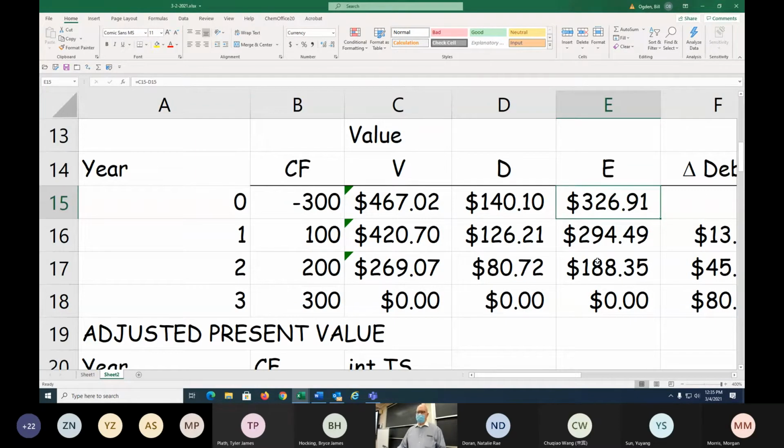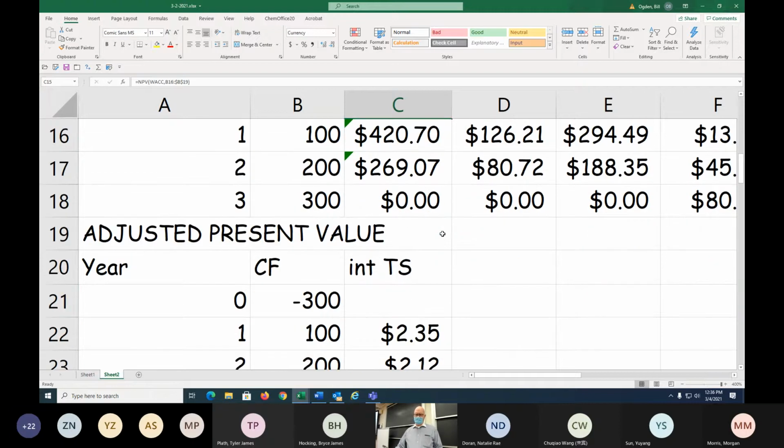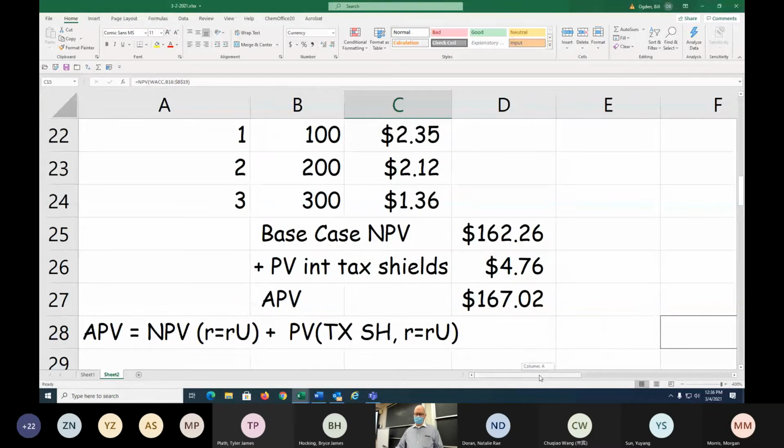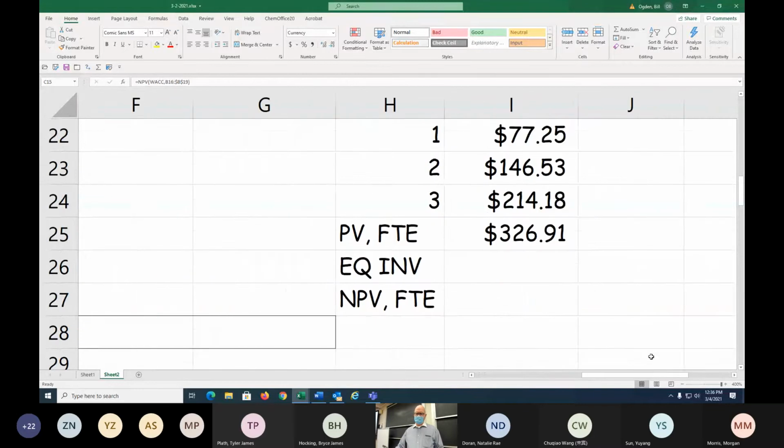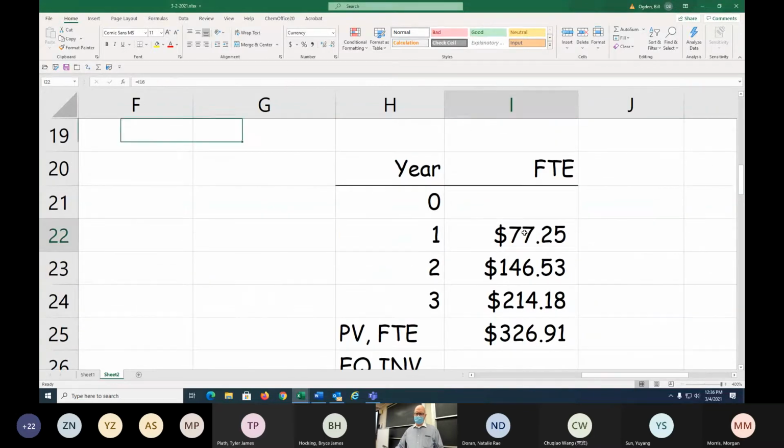That's the market value of the equity. 140.10 is the market value of the debt. 467.02 is the market value of the project, correct? All right. So we discounted the cash flows to the shareholders, and we came up with what we've already denoted as the market value of the equity. So it worked out nicely, didn't it?